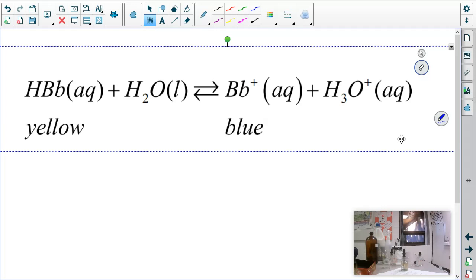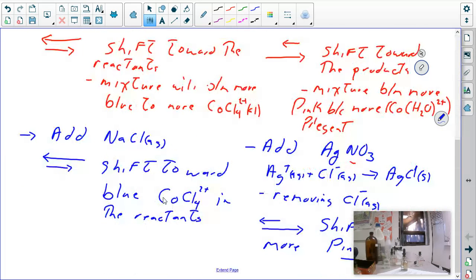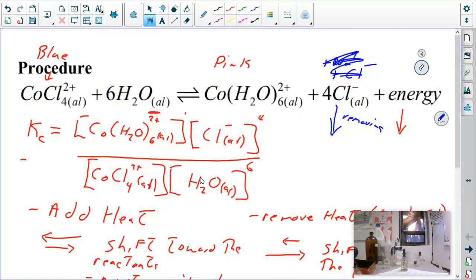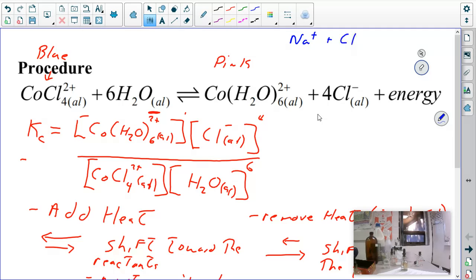Okay. For the one where I said it was going towards the products, so the first one, could you just re-explain that quickly? So where we're adding the NaCl? That's the one, yeah. Okay, the NaCl. So if you think about what we have here, adding NaCl in solution is actually the sodium ion and the chloride ion.